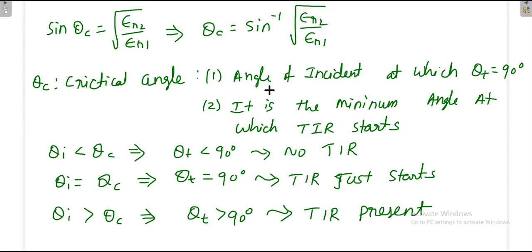And one more thing you have to see: sin theta c is equal to square root of epsilon r2 divided by epsilon r1. For this equation to be valid, because the maximum value of sin theta is always 1, epsilon r2 has to be less than or equal to epsilon r1.